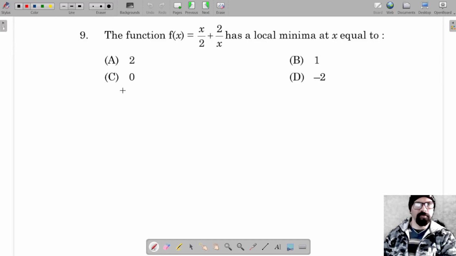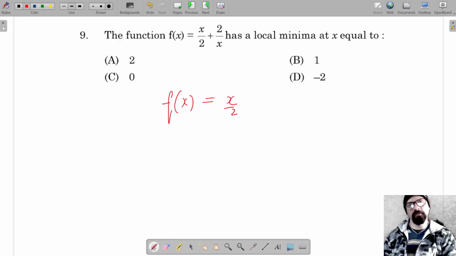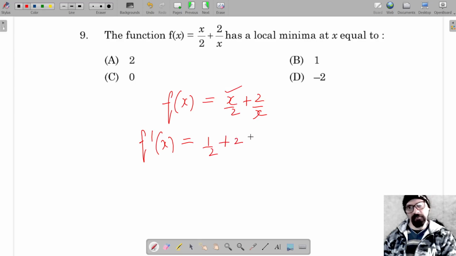Next question, we have to find the local minima for this function, and our function is f of x is equal to x by 2 plus 2 by x. Let's find out its first order derivative. The differentiation of x by 2 is 1 by 2, plus 2, and differentiation of 1 by x, I can write this as x raised power minus 1.